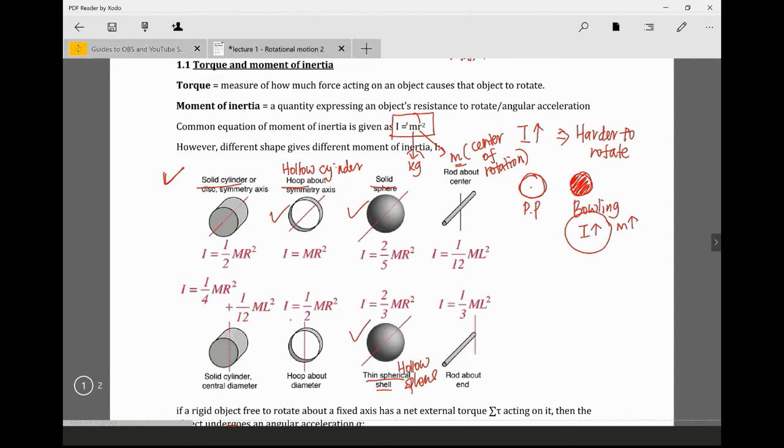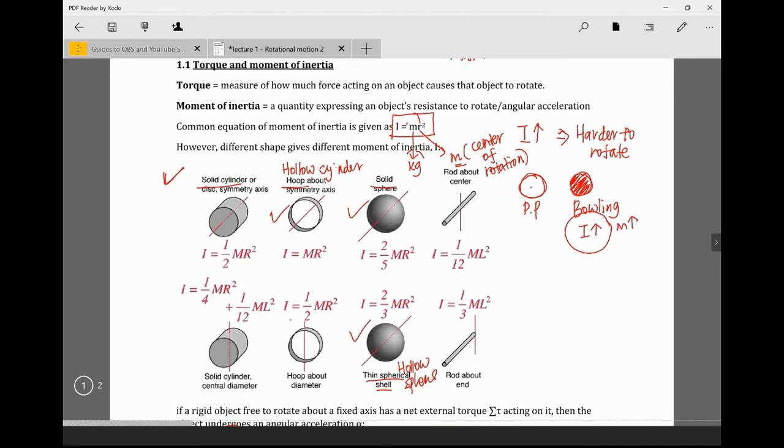Now if I want you to spin these two balls with just two fingers, your thumb and your pointing finger, which one is easier to rotate? Your ping pong ball, right?